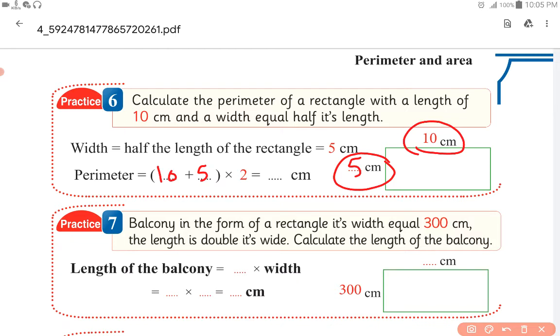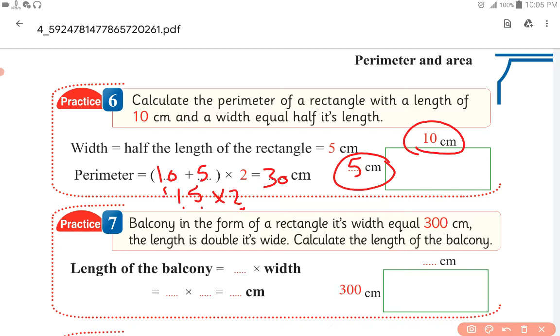Perimeter of rectangle length plus width all times 2 يبقى 15 times 2. 2 times 5 it will be 10, 0 and the 2 times 1 equal 2 and 1 equal 3, it will be 30 centimeter.